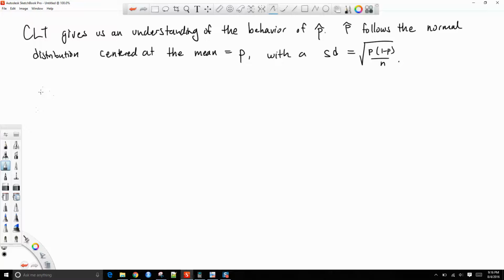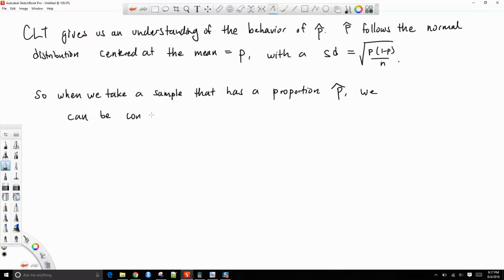Okay? So when we take a sample that has a proportion p hat, we can be confident that the population proportion p is nearby. Okay?